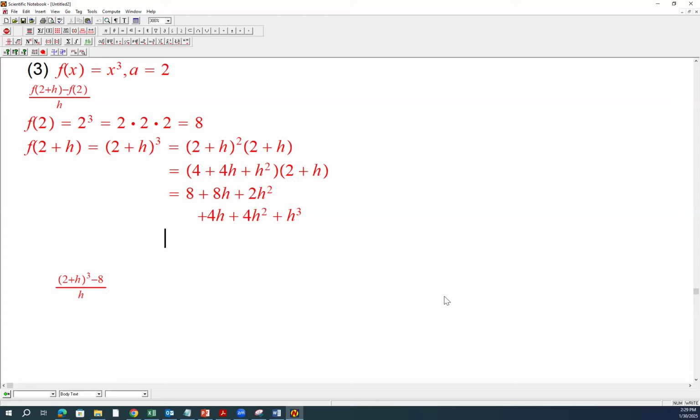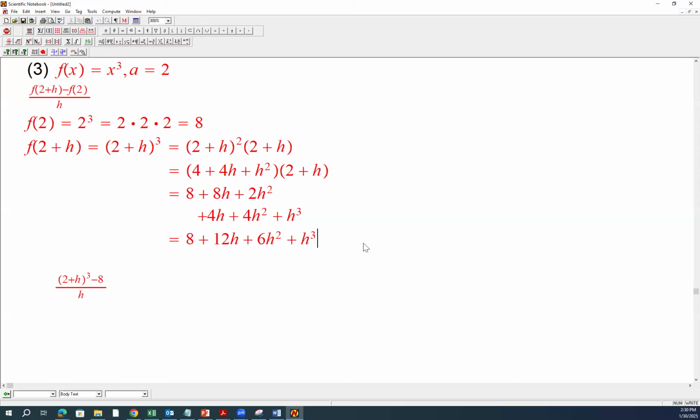And then last but not least, to complete this FOIL, we got 8, we got 12h, we got 6h squared plus h raised to the power of 3. You can see with patience, we got everything, right?